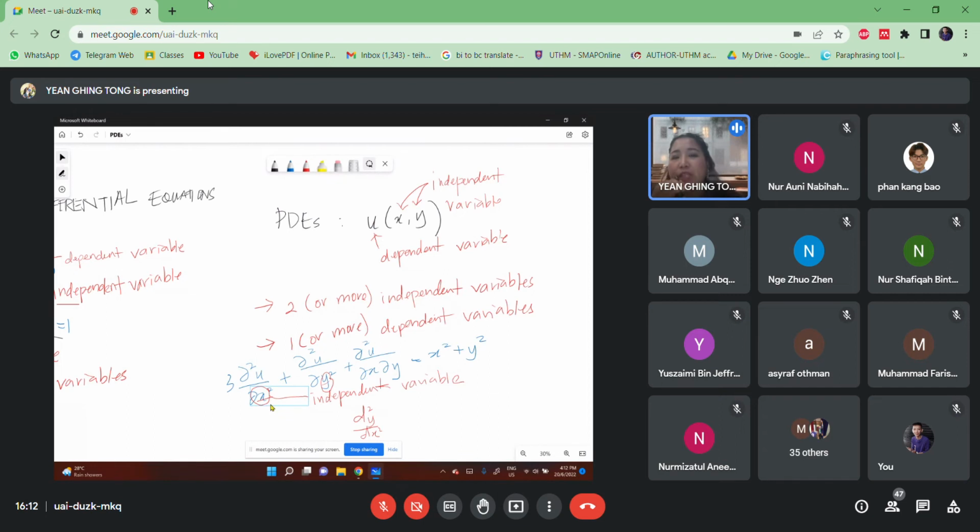But because of this PDE, we have different independent variables, so this value of u can change due to x, and it also can change due to y. The change is not totally based on x; it is just a partial change.